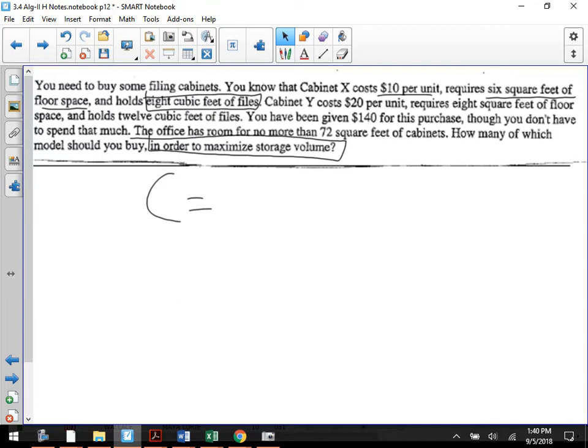Multiply. 8 cubic feet of cabinet X plus how many cubic feet of cabinet Y? Good. There's your objective. You've taken care of your objective, so I cross it off in my words. I don't go back to it because I've already eliminated it. My objective was to maximize storage capacity. Storage capacity is dealt with in volume.